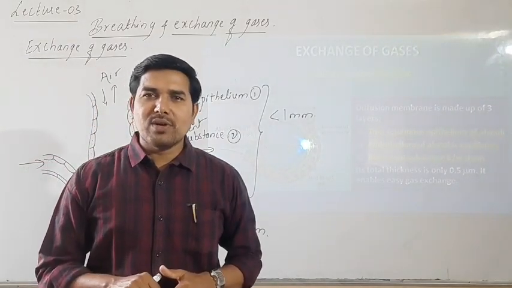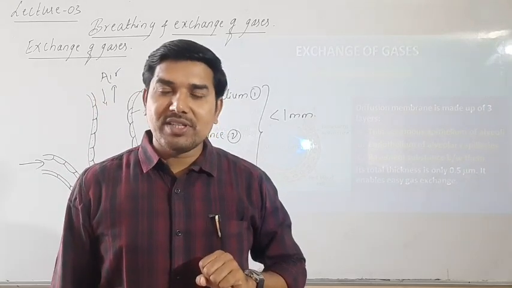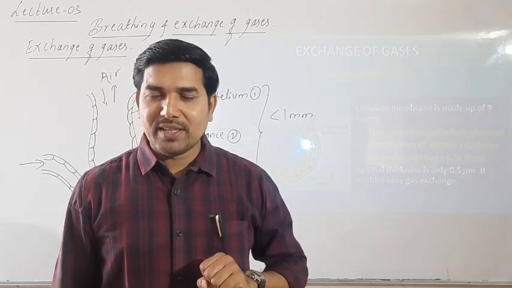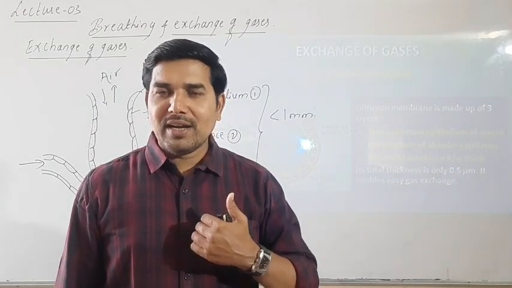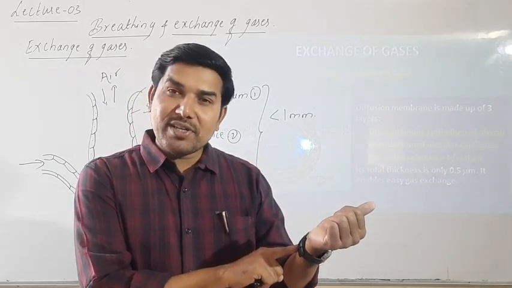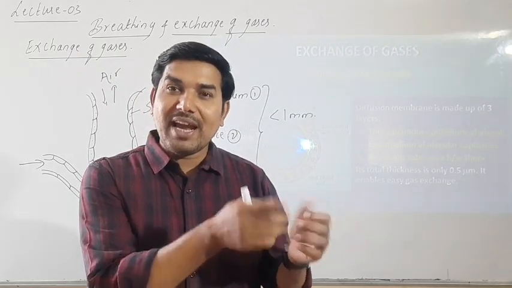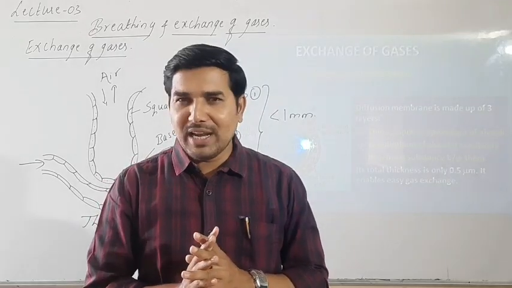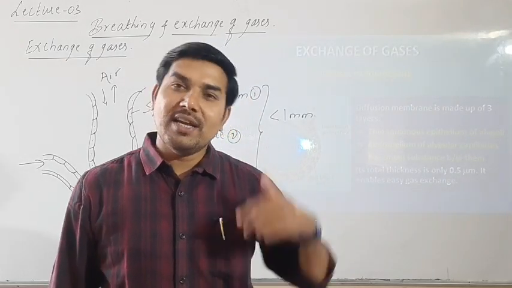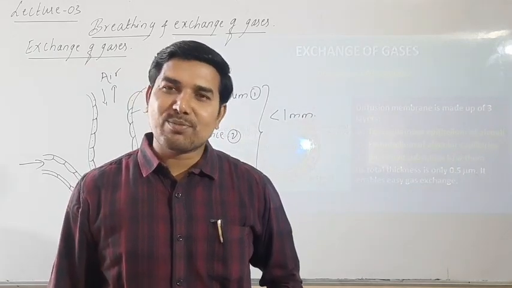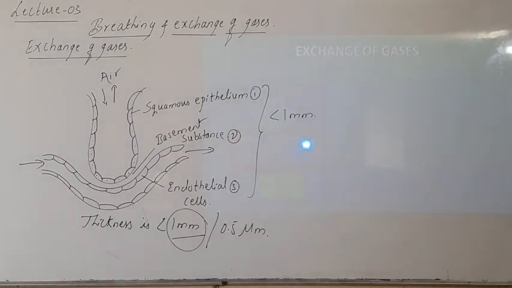That chart will show the atmospheric oxygen and carbon dioxide level, then alveolar O2 and CO2 level, oxygenated blood O2 and CO2 level, deoxygenated blood O2 and CO2 level, and tissue O2 and CO2 level. So we have a chart for this, and with respect to this chart, next we will go to the transport of gases.